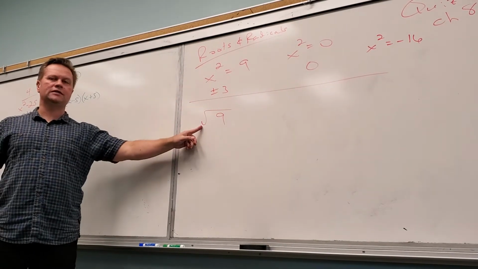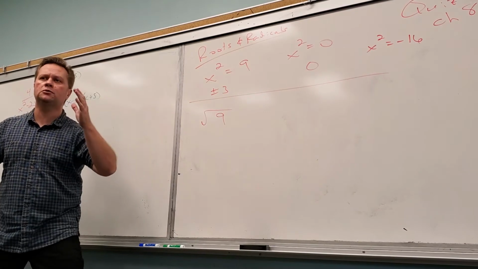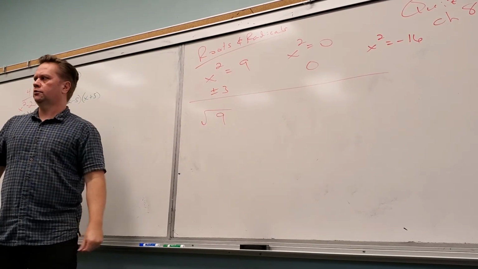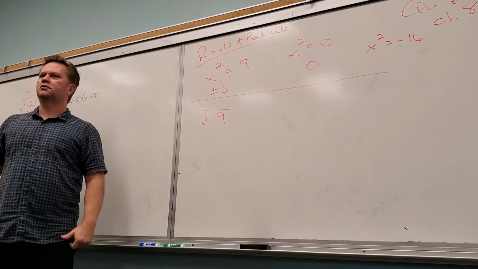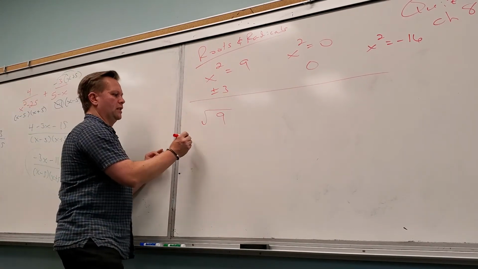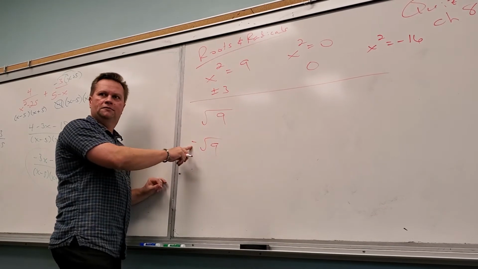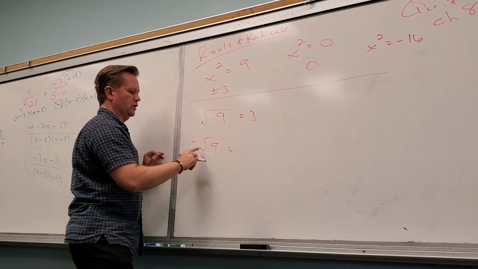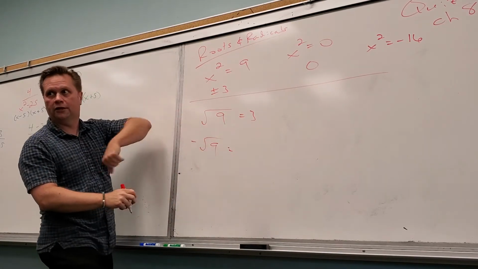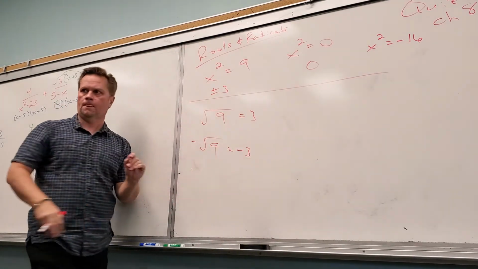That symbol is actually called the principal square root, and it's just defined to be the positive root. If I wanted a negative root, just put a negative on it. So to get both answers, this gives me the positive 3, and this gives me negative 3.